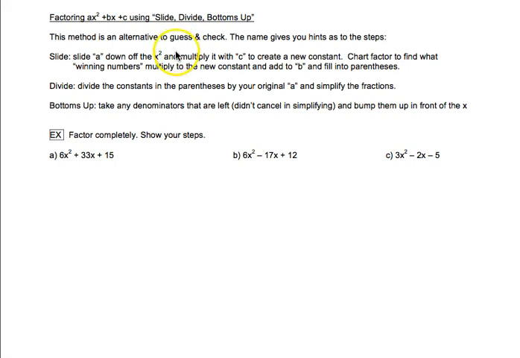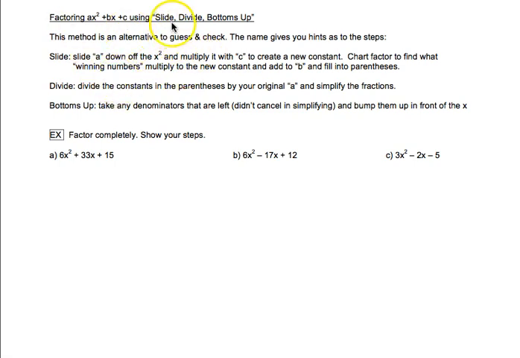If you are a super proficient guess and checker, you need to practice this, but when you are doing your exit tickets, when you're taking your quizzes or tests, you will get to choose the method that you want for factoring ax squared plus bx plus c. So it's a split.